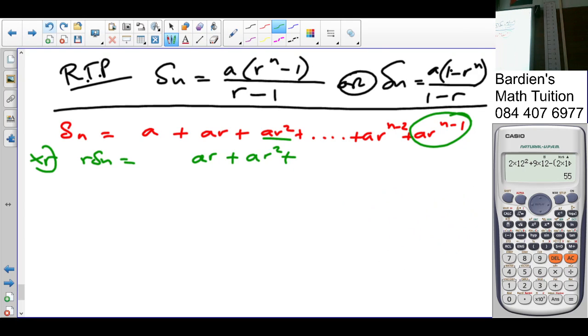No, so that would be on its own. Remember, I'm multiplying this line by r. The last term ar^(n minus 1) is multiplied by r, which is r to the 1. When you're multiplying and the bases are the same, what do you do with the exponents? You add them. So it's n minus 1 plus 1, so it's going to be ar^n. Do you understand, Michael? Nice.